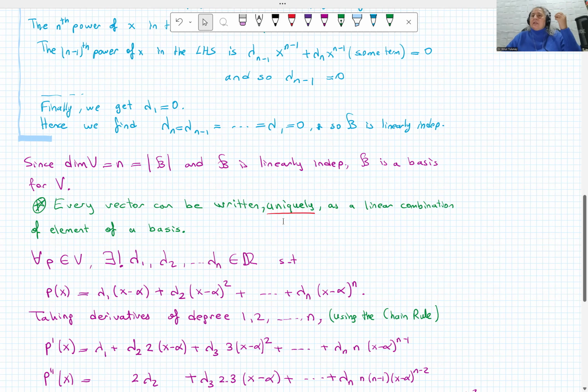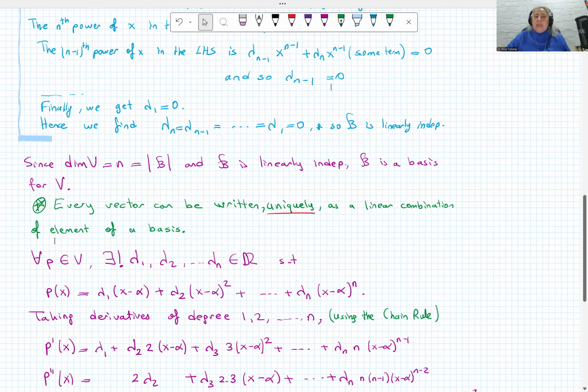What was the significance of the basis? Significance of the basis means that every vector, I've written it in green here. If you have a basis, it implies that every vector in your vector space can be written uniquely, and uniquely is an important part here, as a linear combination of elements of a basis.